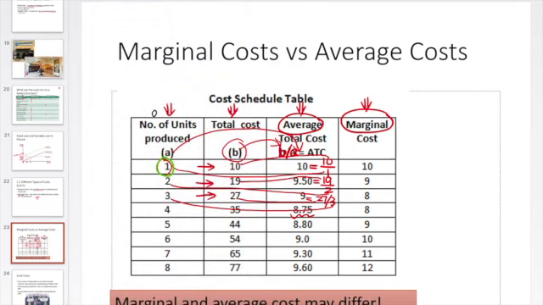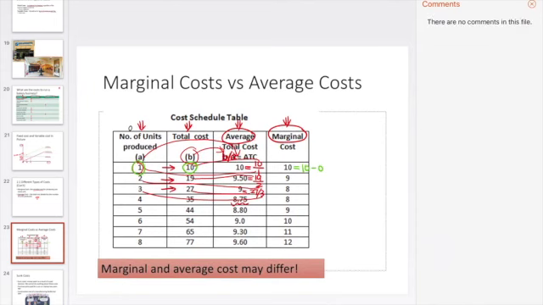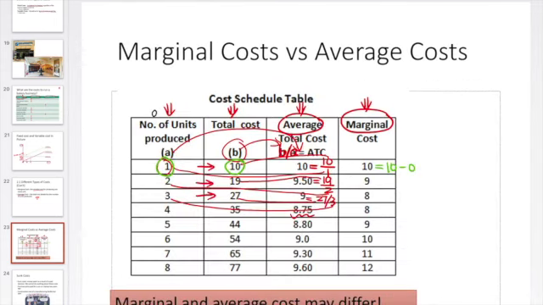If you produce 1 item, your cost is 10. So your marginal cost is 10 minus 0. 10 is the total cost if you produce 1 unit, and 0 is the total cost if you produce 0. Okay, let's take a look at the second row.